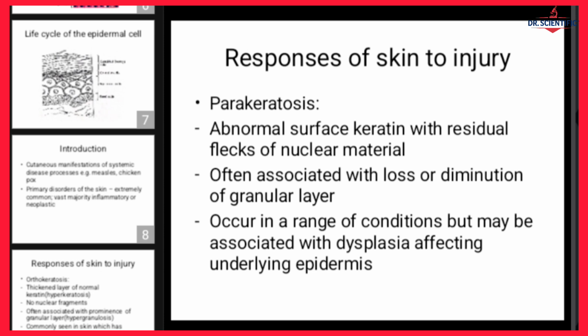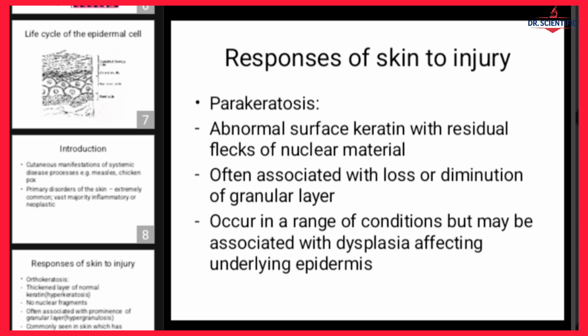This parakeratosis is often associated with loss or diminution of the granular layer. So think of that granular layer. It tends to be lost, or it becomes very small. It becomes diminutive. That is, it reduces in size if you compare it with the normal size of that granular layer.